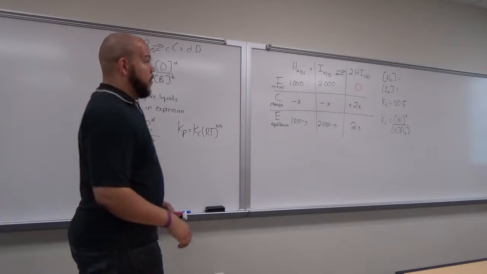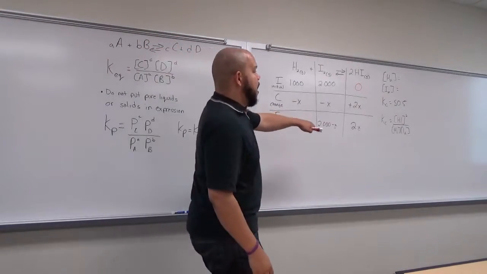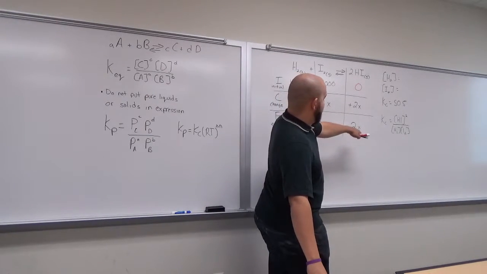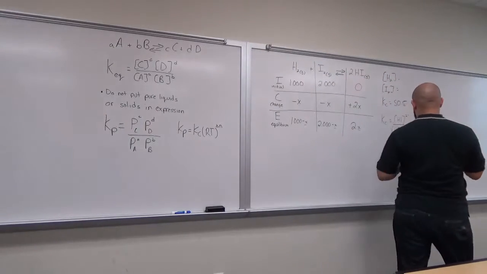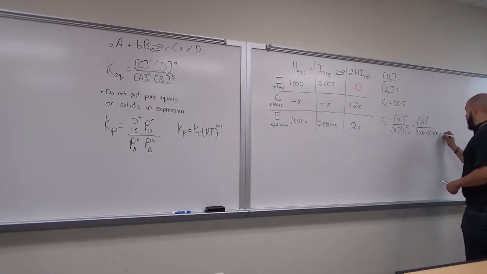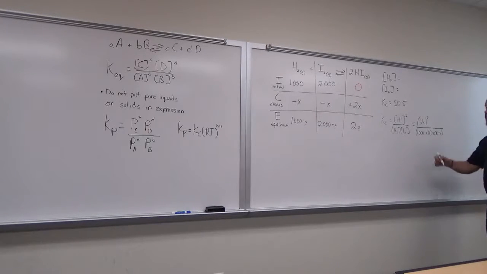So if we plug in all of these values, then we end up getting, and I'm not going to necessarily go through all of this, 2x squared all over 1.000 minus x times 2.000 minus x is equal to 50.5, right? This is our expression.